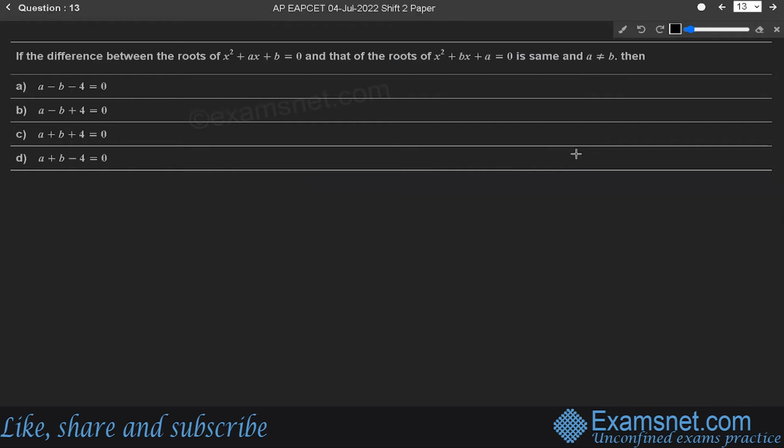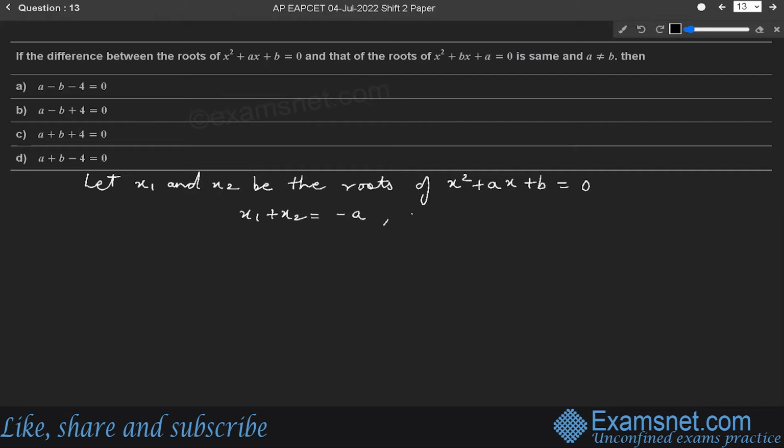So in the first step, let x1 and x2 be the roots of the equation x square plus ax plus b is equal to 0. Therefore, the sum of roots x1 plus x2 will be minus a, and the product of roots x1 into x2 will be b.